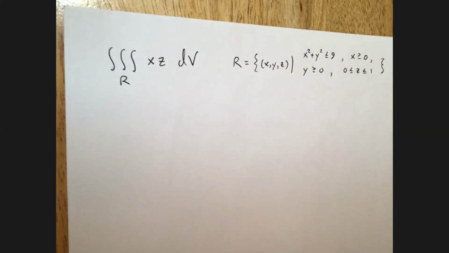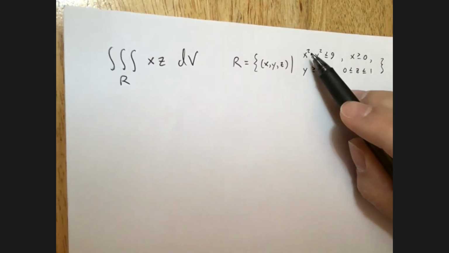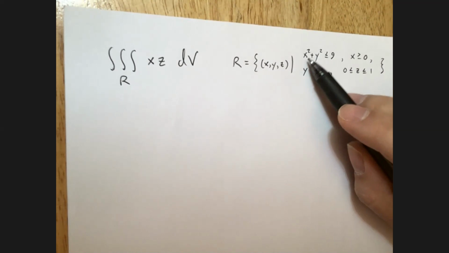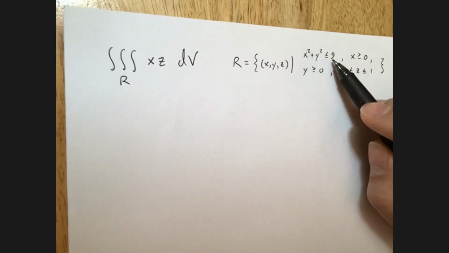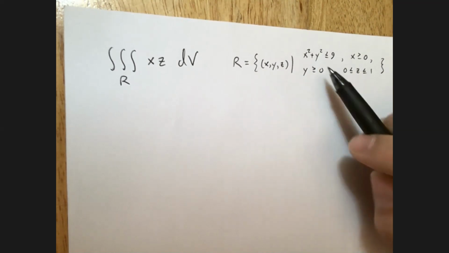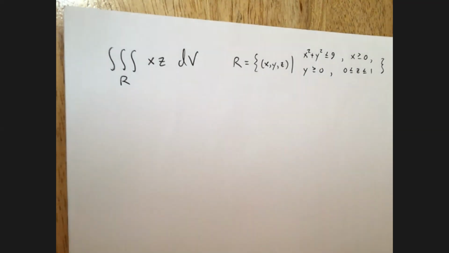So what are we dealing with here? Well, when I see x squared plus y squared, I know that if this was x squared plus y squared equals 9, that would be the equation of a circle of radius 3, right? And that tells me right there that maybe cylindrical coordinates are the way to go, because cylindrical coordinates are kind of circular in their nature.